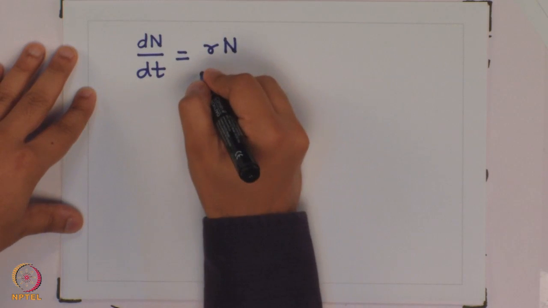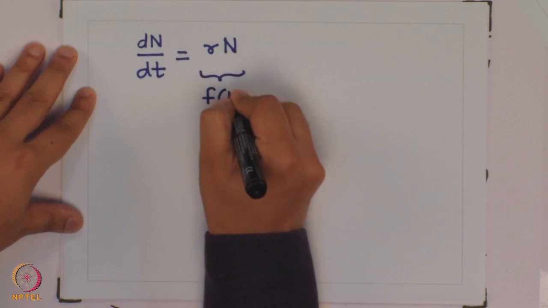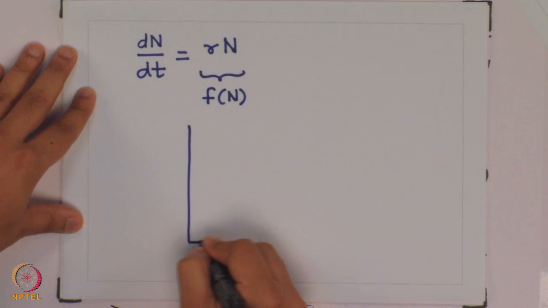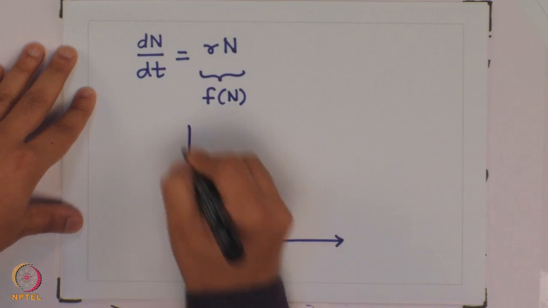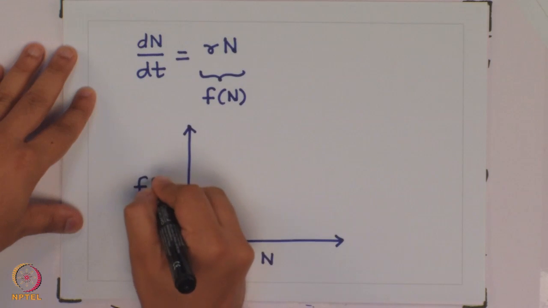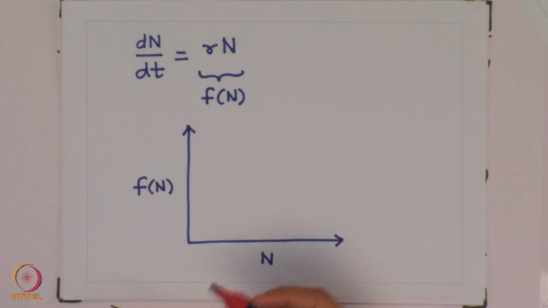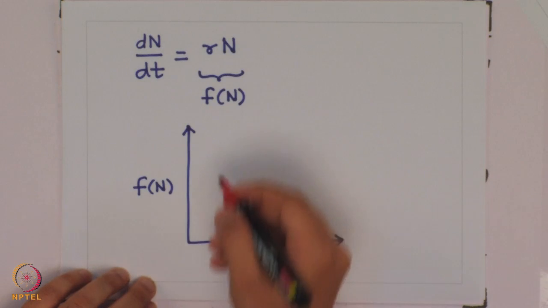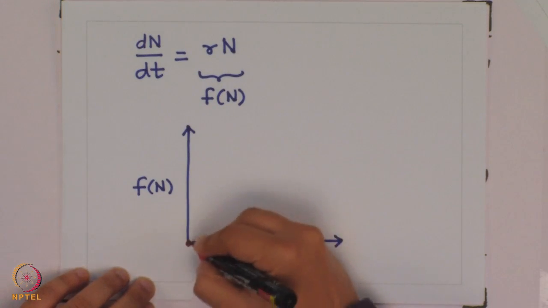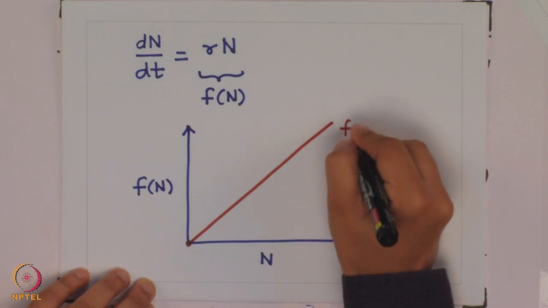Now f(n), the right hand side, is simply a linear function Rn, and all I am going to do now is plot n against f(n). This is just a straight line: at n equal to 0, f(n) is equal to 0, and this increases linearly as n increases. So, this is f(n).